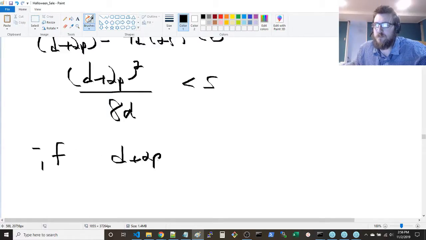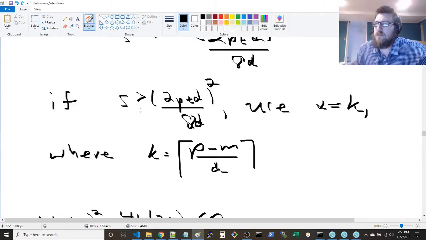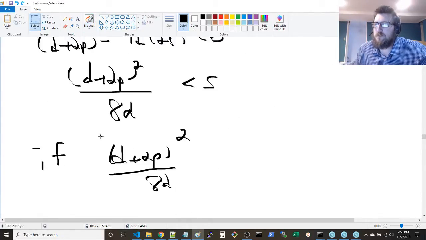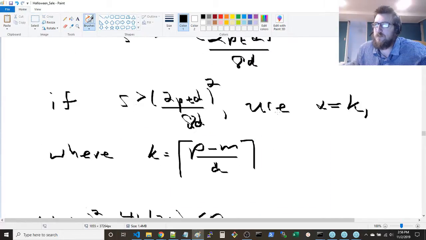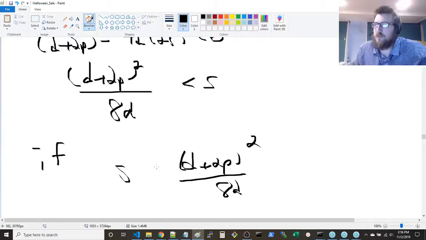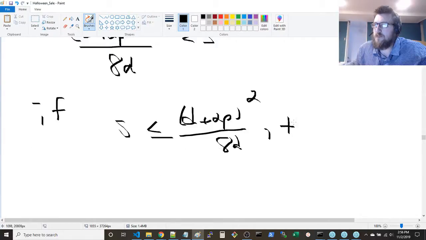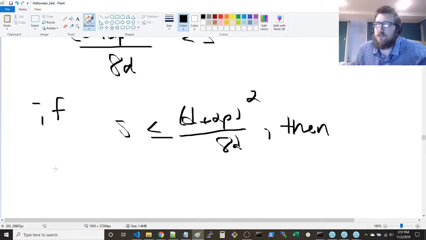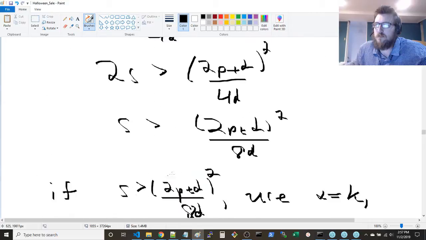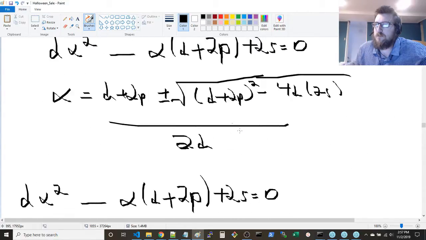Yeah. So okay, we can do: if (d plus 2p) squared over 8d is greater than s, or rather, hold on, get this right, s is less than or equal to this, then let q equal this thing.